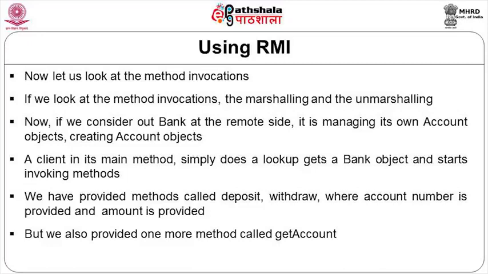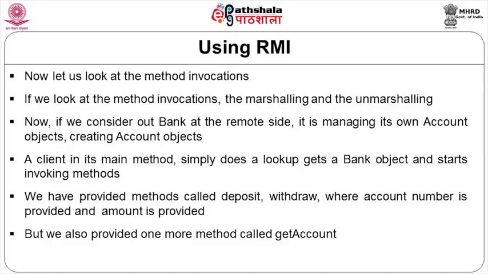So what does the client do? In the main method of a client, he simply does a lookup, gets a bank object, and starts invoking methods. Maybe we have provided a method called deposit and a method called withdraw, where the account number and the amount are provided. But we also provided one more method called getAccount.